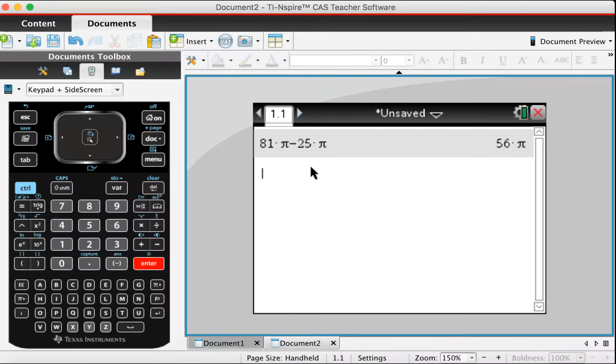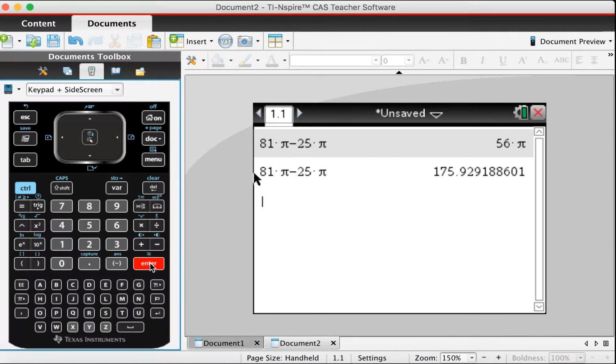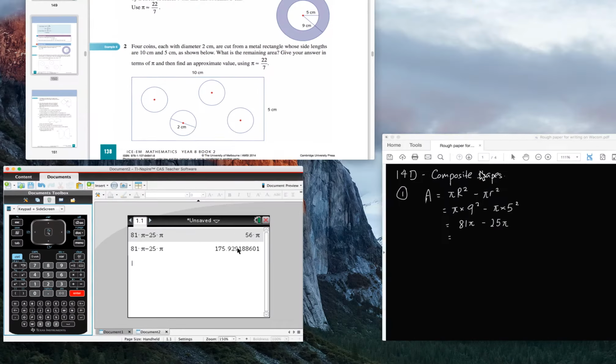You'll find that it's 56 pi, but because we need an approximate value, once you click the arrow button, you will get this 175.929 in 2 decimal places. That is 93, because the next number here, 9, is greater than 4. So it's 175.93.